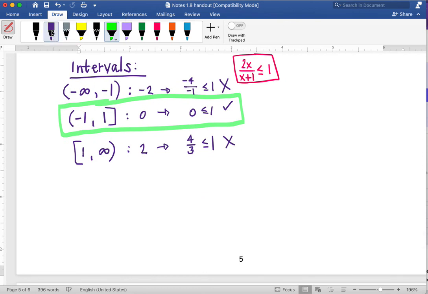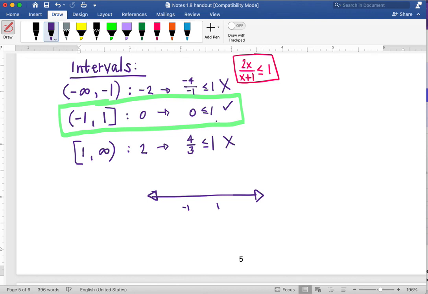So I'm going to draw my number line so I can give a graph. What were my boundary points? Well, they're here, -1 and 1. -1 is to the left of 1.